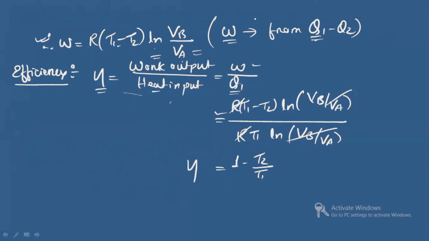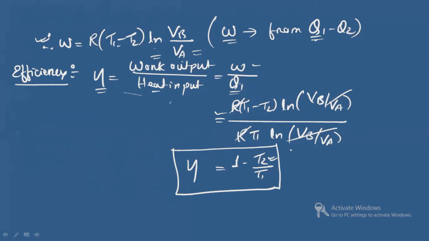Work done is converted from the Q1 minus Q2 heat change. Yes or no? Now Q1 is RT1 ln Vb by Va. So this Vb by Va and that Vb by Va will get cancelled. R and R will also get cancelled. And finally you will get the efficiency eta for the Carnot cycle as 1 minus T2 by T1.